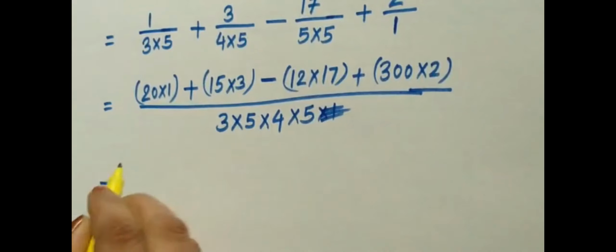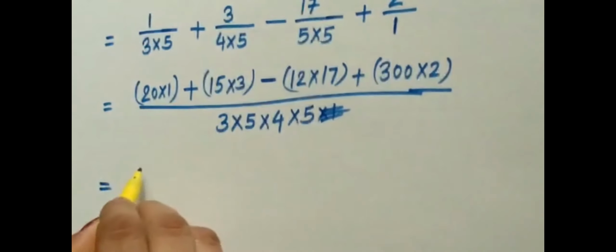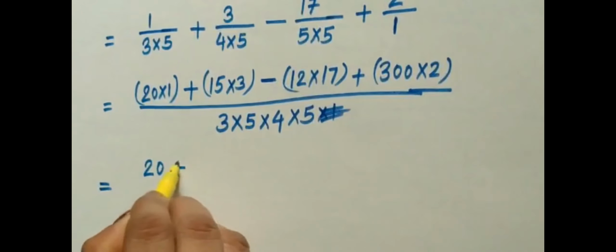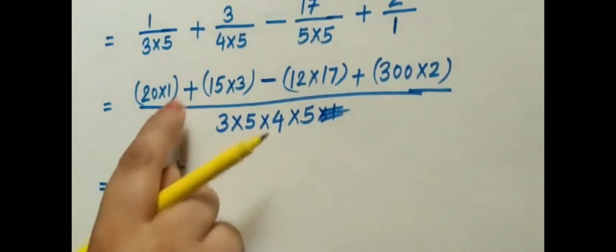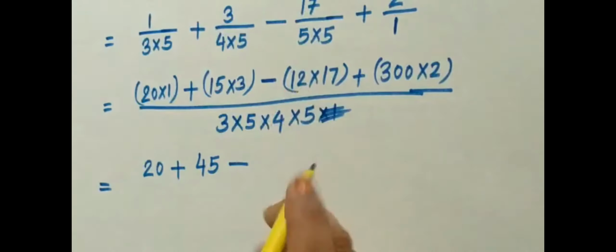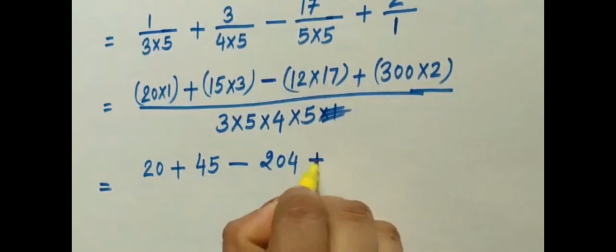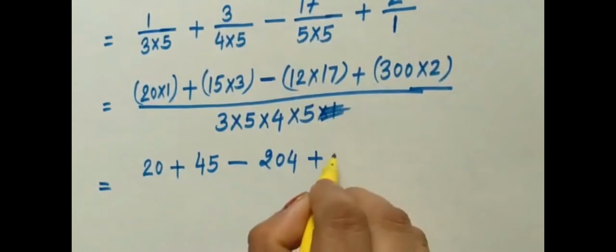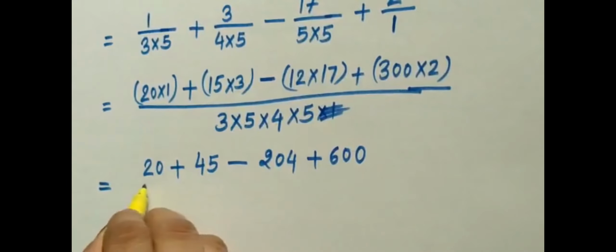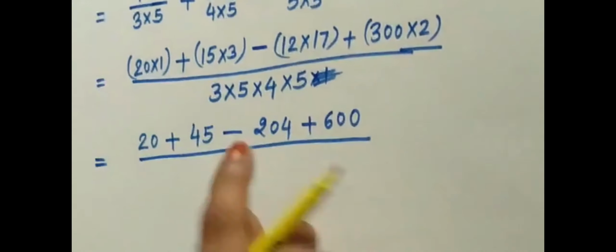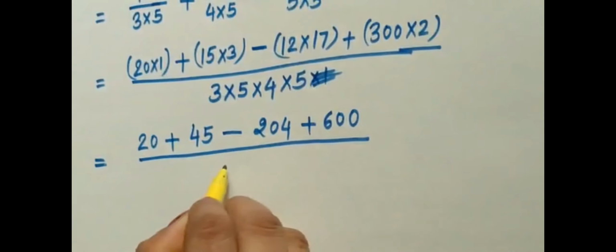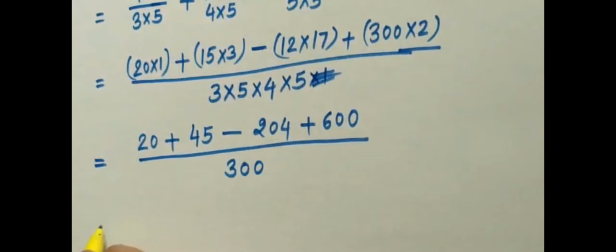For the next step we need to solve all these brackets, so 20 cross 1 is 20, plus 15 cross 3, that is 45, minus 12 cross 17, that is 204, plus 300 multiplied by 2, that is 600. And when we multiply the terms present in the denominator, that is 3 cross 5 cross 4 cross 5, it gives us 300.